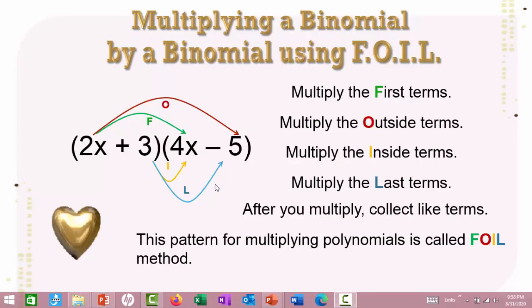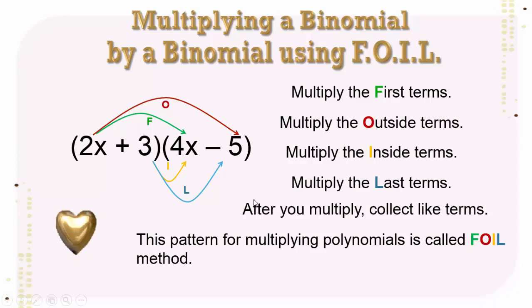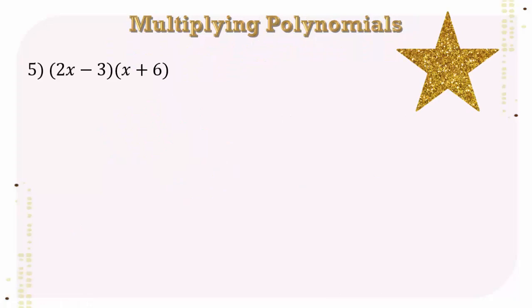As we saw on the whiteboard, when we multiplied these two binomials, we got 8x squared plus 2x minus 15. So let's look at example 5, and I'll work this out on the whiteboard.